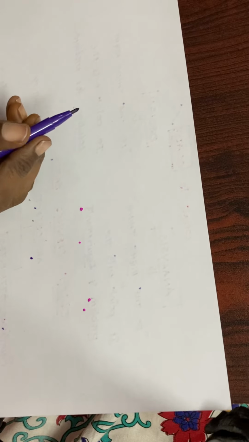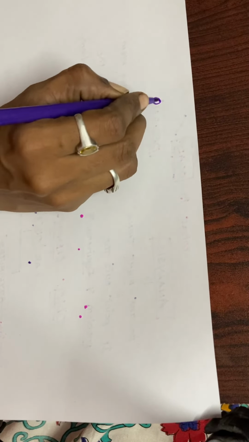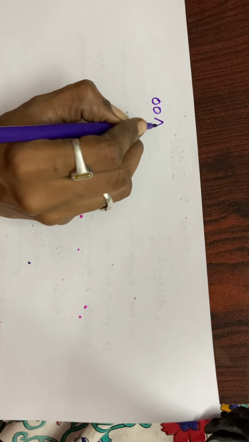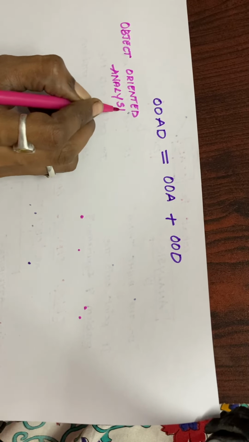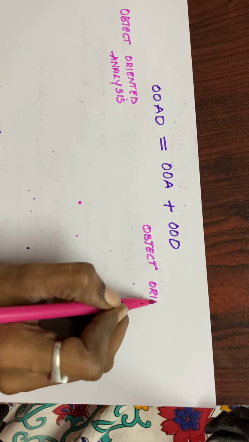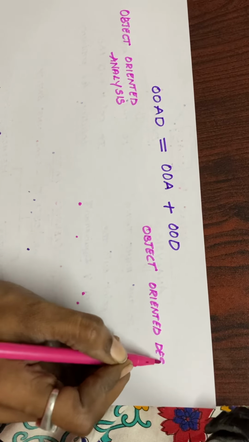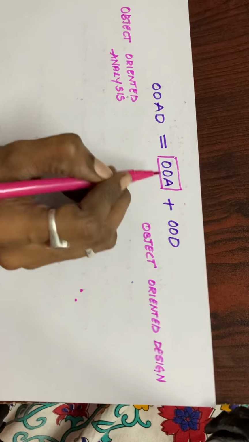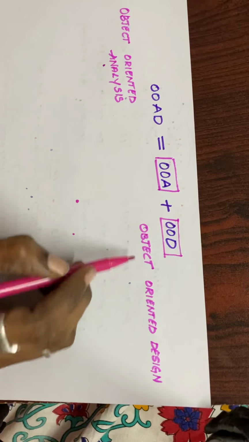Here OOAD stands for OOA plus OOD. OOA means object oriented analysis, and OOD means object oriented design.